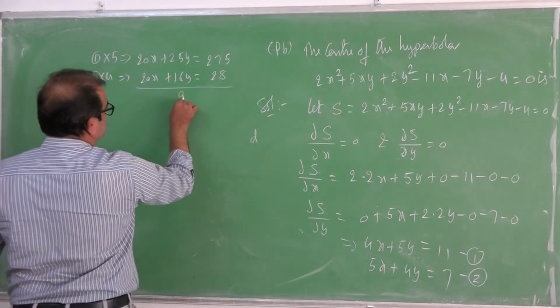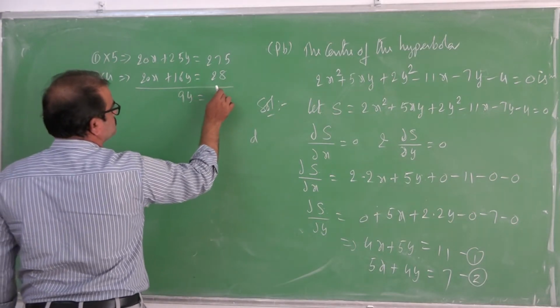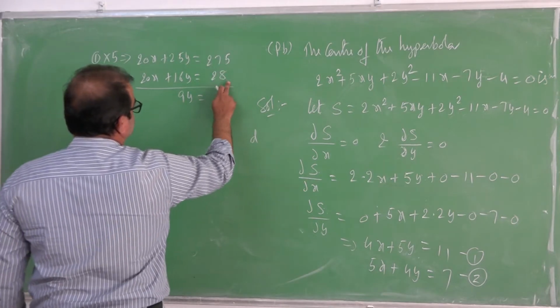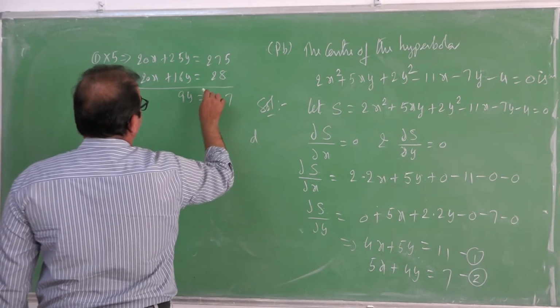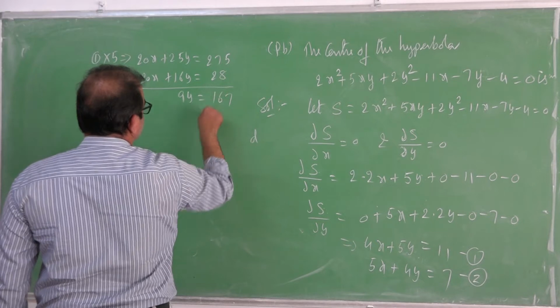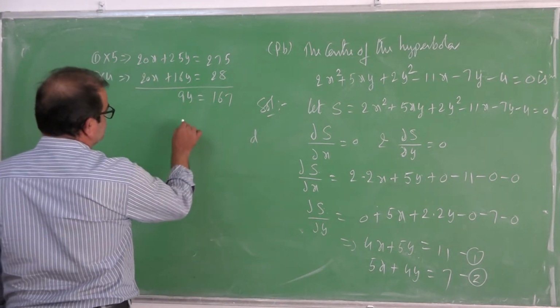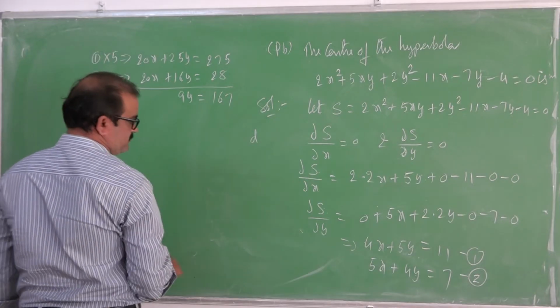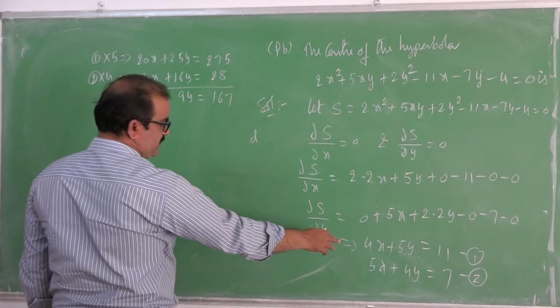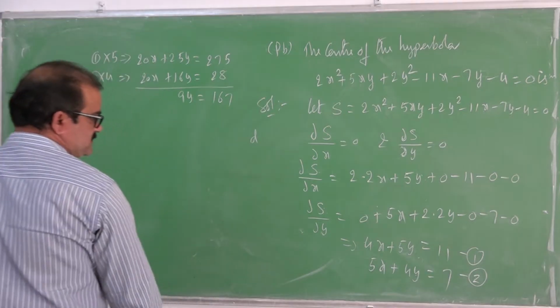Subtract, 9y is equal to 27. So y is equal to 3. Substitute the y value in any one of these two equations and find x.